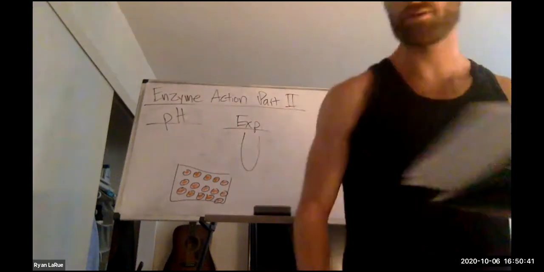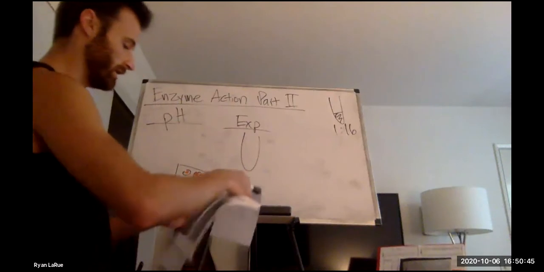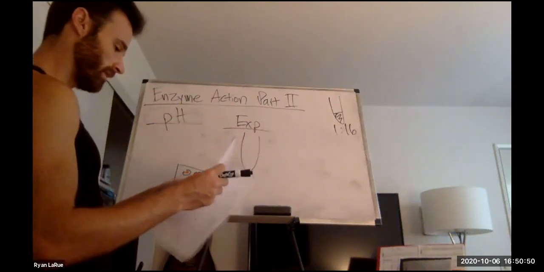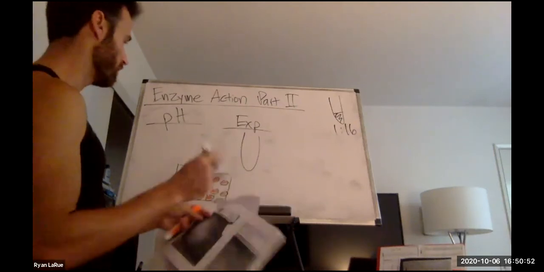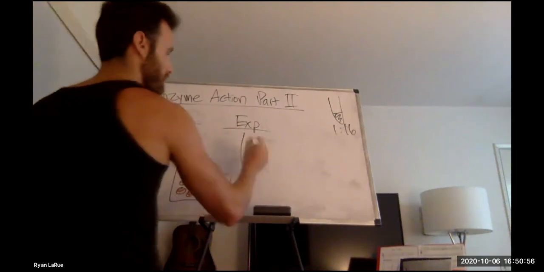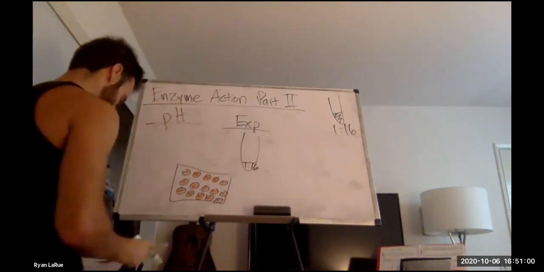So let's just do pH 5 for our example. But again, we have multiple test tubes for each condition. So let's try pH 5. And it's similar to before with the NaCl. You're going to have your 1 to 16 saliva, right?